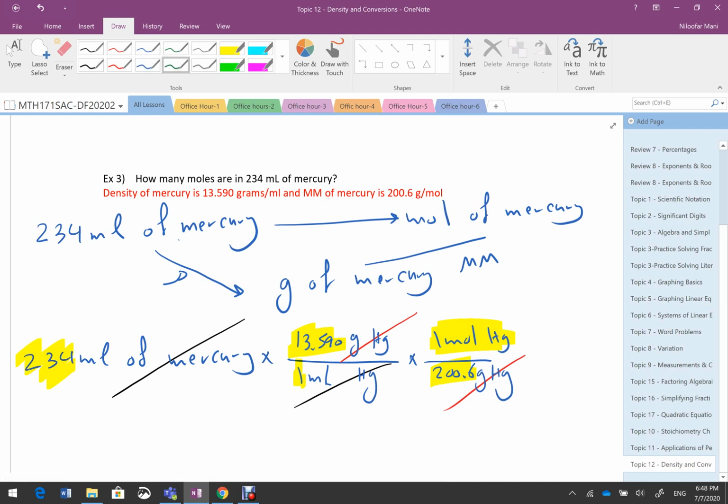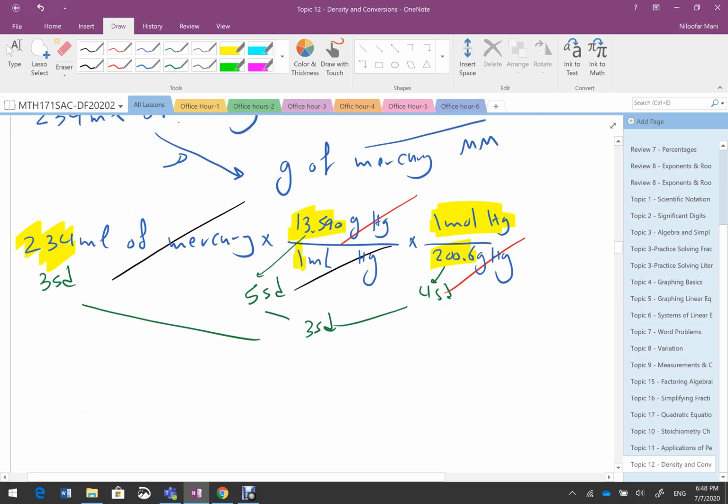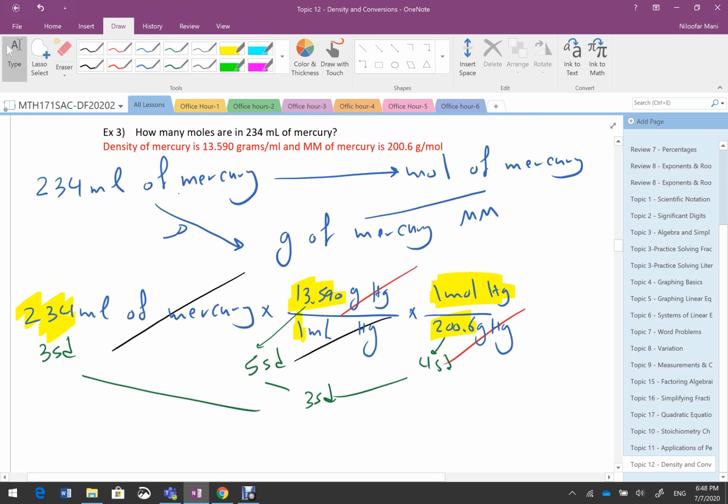I have 3 significant digits, 5 significant digits, 4 significant digits, which I can round to 3 significant digits. So the answer is 4.187, and I underline that, check that, it is almost 4.19 mole of mercury.